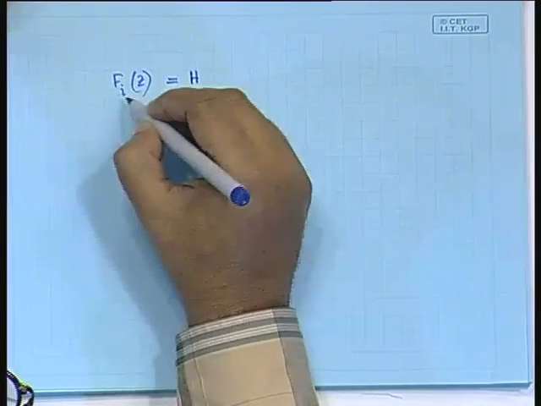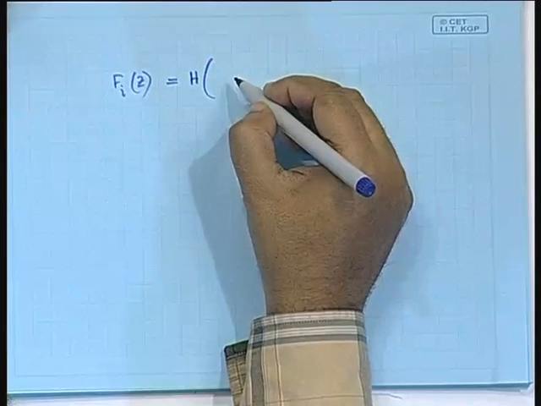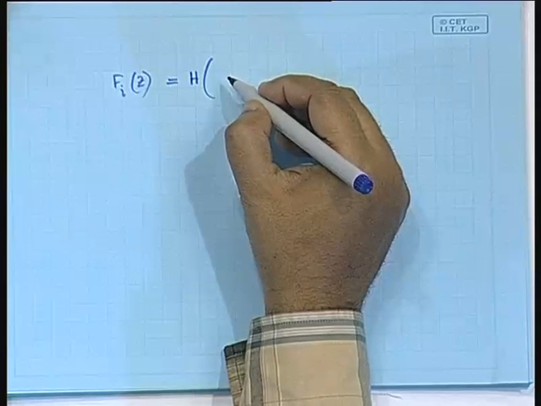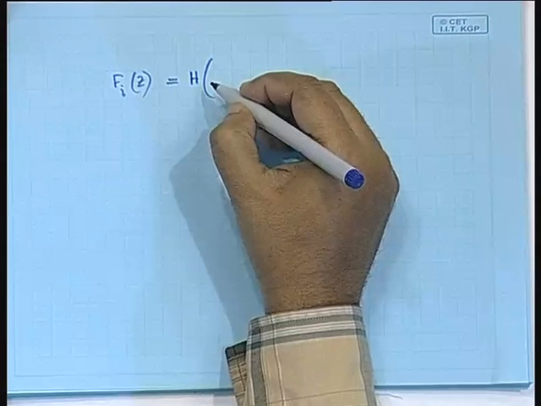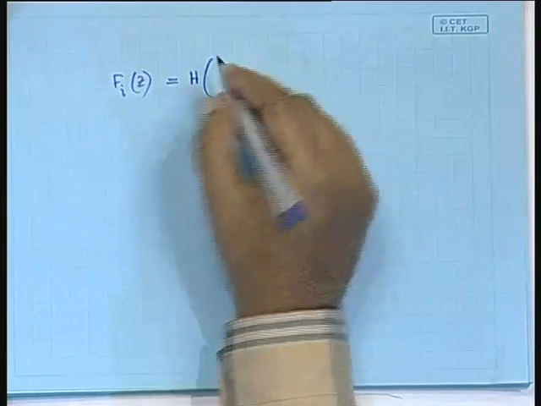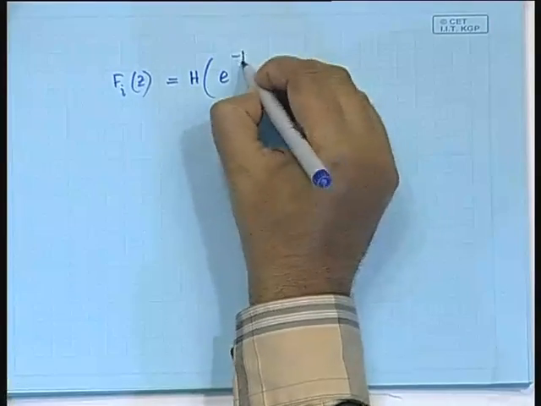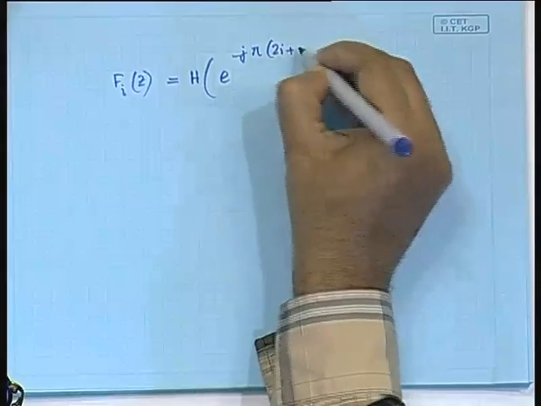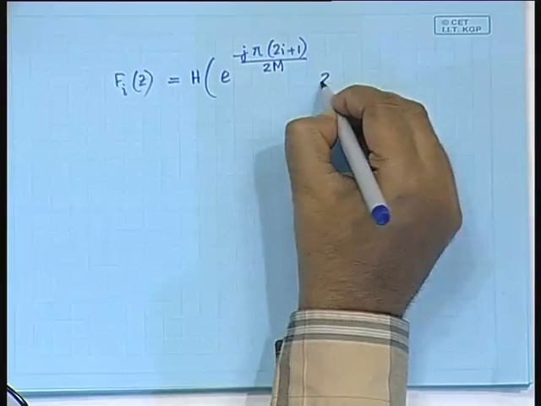But in this case Fi(z) will not be h of z, but it will involve the complex exponential of the center frequency. Because the center frequencies are all odd multiples of pi by 2M, Fi(z) will be h of e to the power minus j pi (2i plus 1) divided by 2M, this into z.